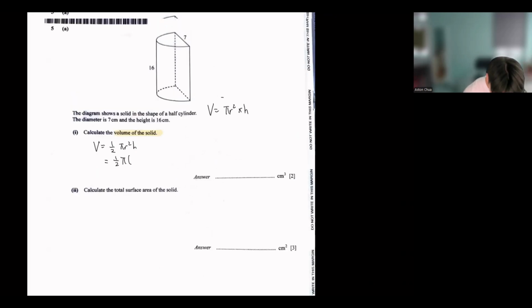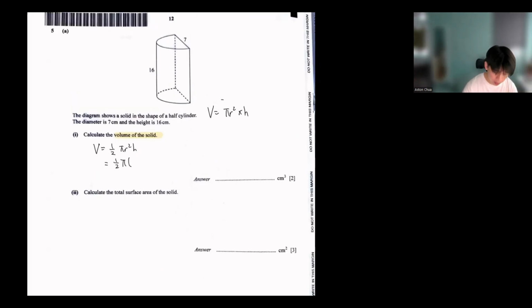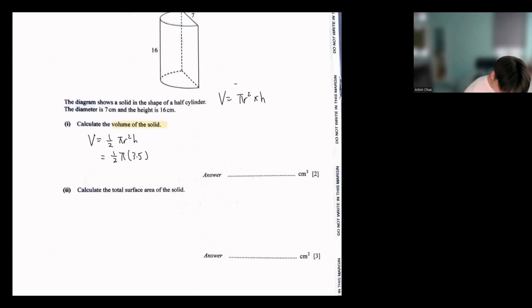So your r will be 7 divided by 2, 3.5, which is your radius. Then your height is just 16. This should give you the answer of 308 cm cubed after you round off to 3SF.